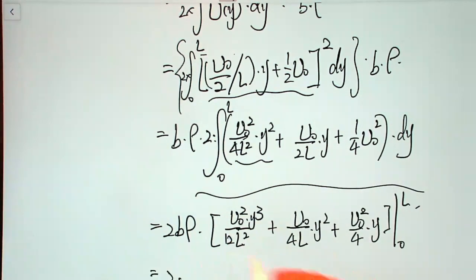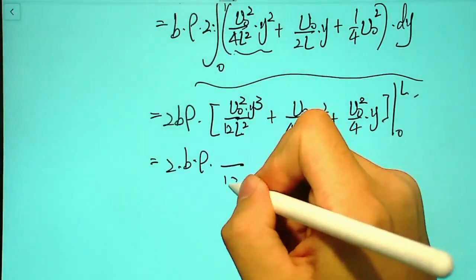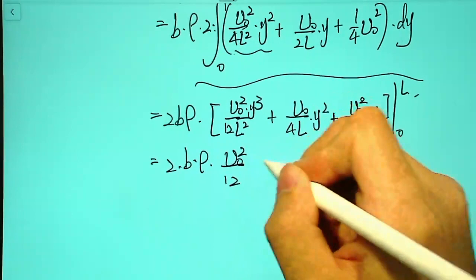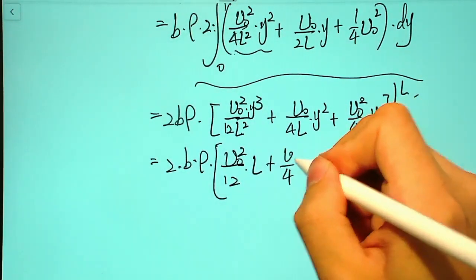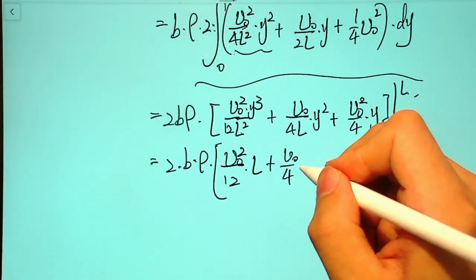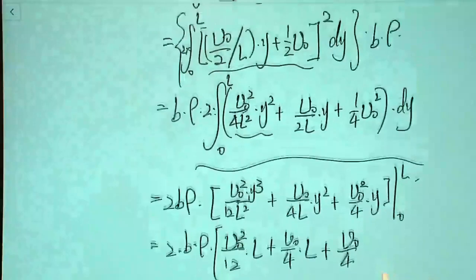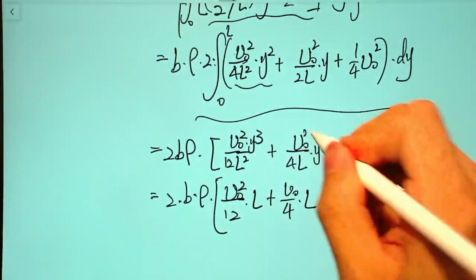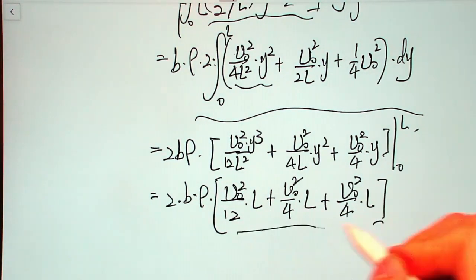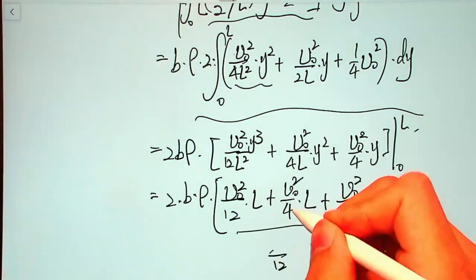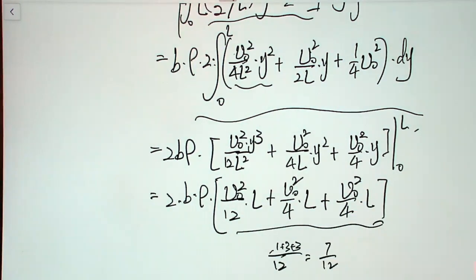So this gives you 2 times b times rho times U0 squared times L times, 1/12 plus 1/4 plus 1/4. Oh yeah, I forgot, it's a U squared here, so it's U squared times L. Right, so this combined together reaches 7 over 12.